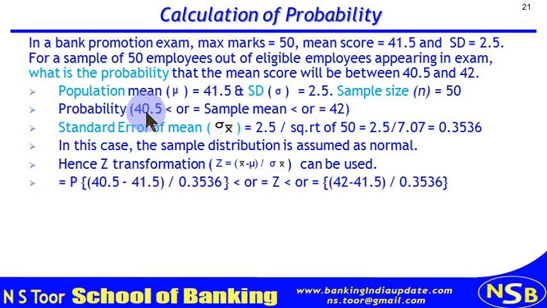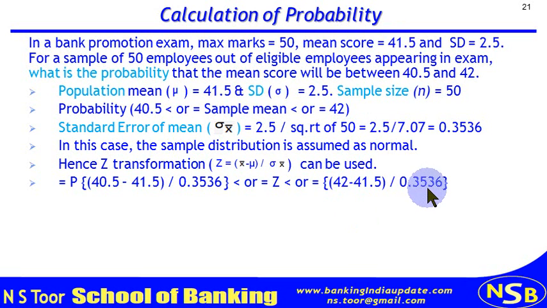First we calculate for 40.5 and simultaneously for 42. According to the formula, we take the sample mean, that is 40.5, minus population mean 41.5, divided by standard error of the mean, that is 0.3536. Similarly for 42 also we calculate: sample mean 42 minus population mean 41.5, divided by standard error of mean.